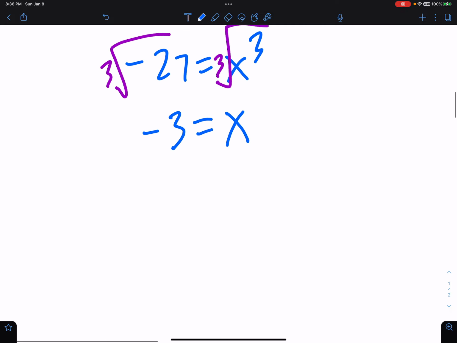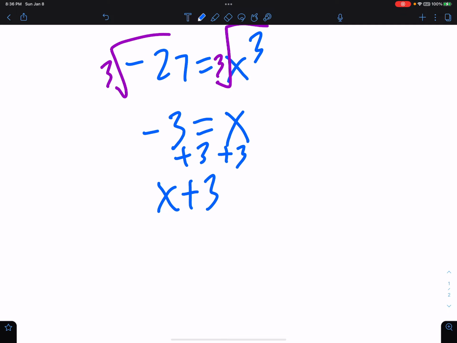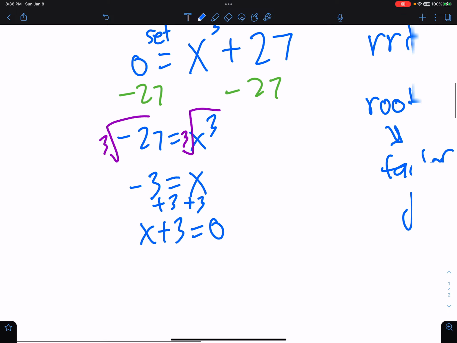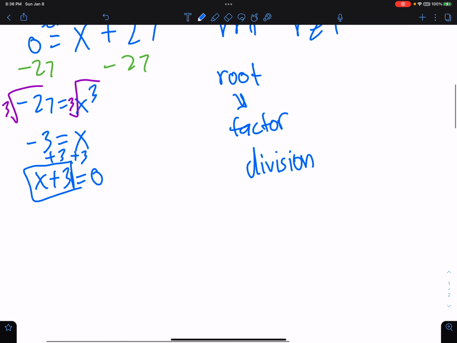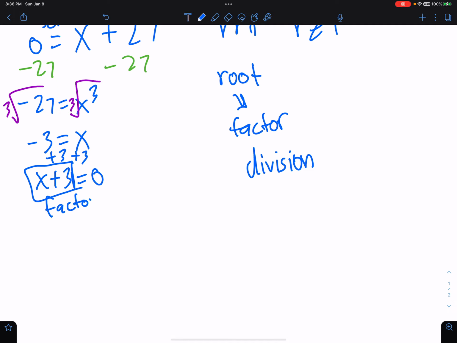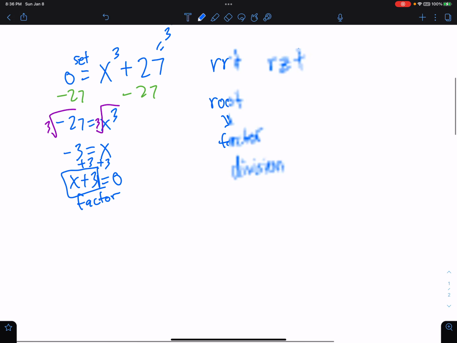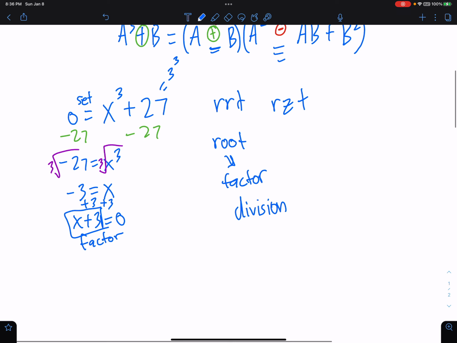And then we can rewrite this as x plus 3 equals 0, by adding 3 on both sides. And then this right here will be our factor, right? So now we can just divide by x plus 3.